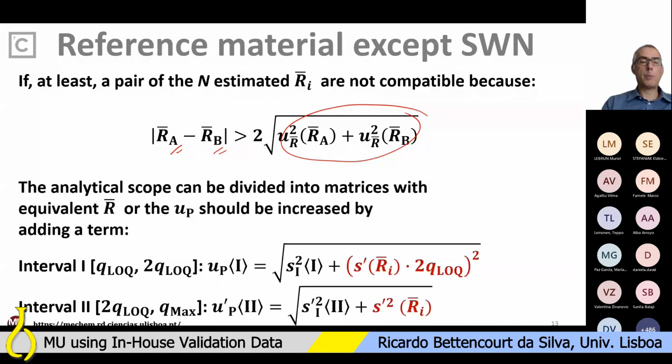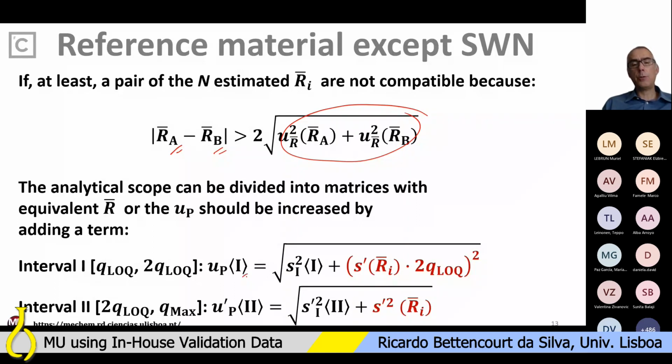And you have 2 options. You can divide the scope in types of matrices that have equivalent mean recovery. Or you can take everything together and add an additional uncertainty component for the impact of matrix on recovery.